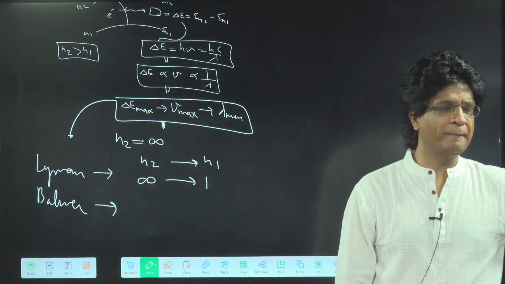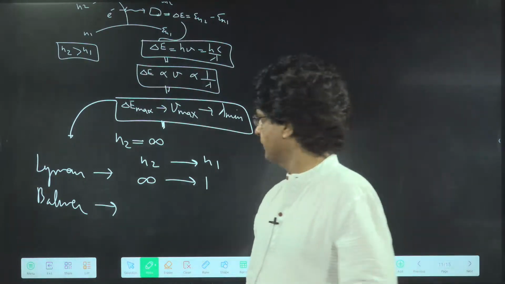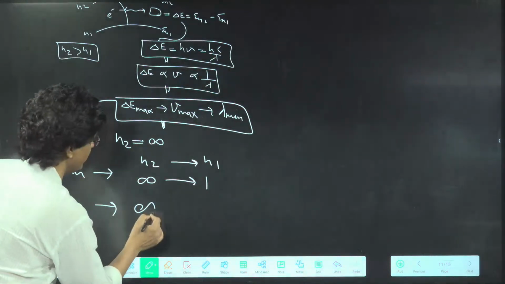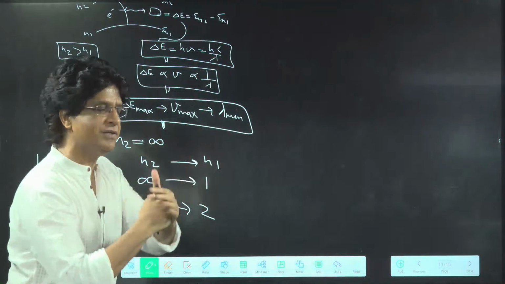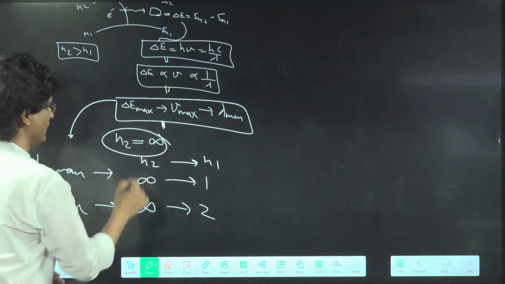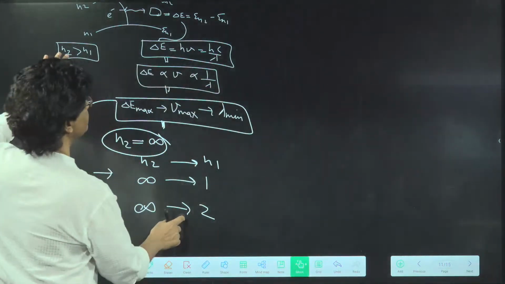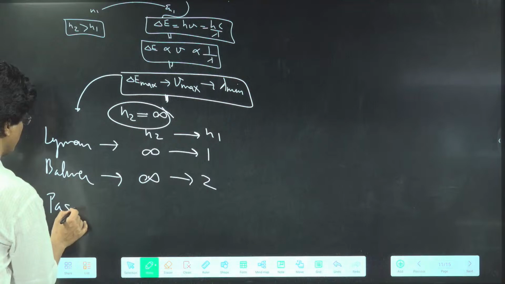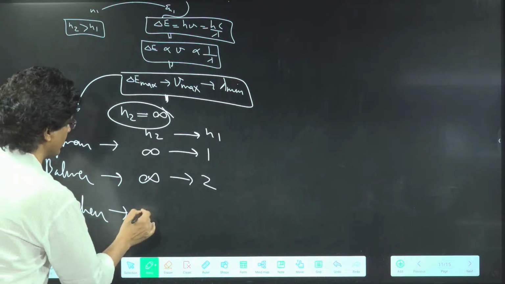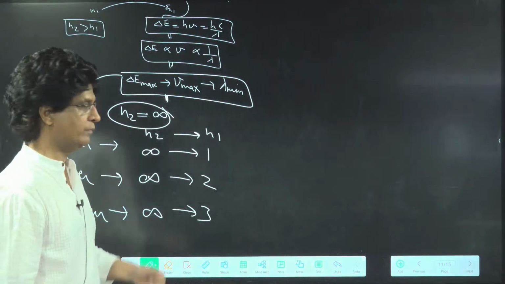It will be from infinity to 2. If you really want a maximum energy difference, the electron should fall from infinity to 2. Very good. Similarly for Paschen or any other line, infinity to 3. Yes or no? Very good.